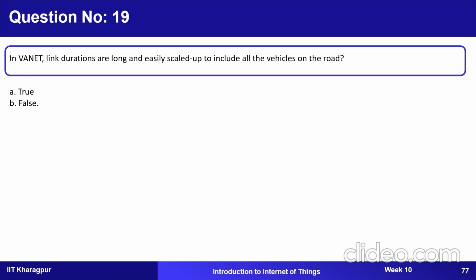Next question is, in VANET, link durations are long and easily scaled up to include all the vehicles on the road. True or false?